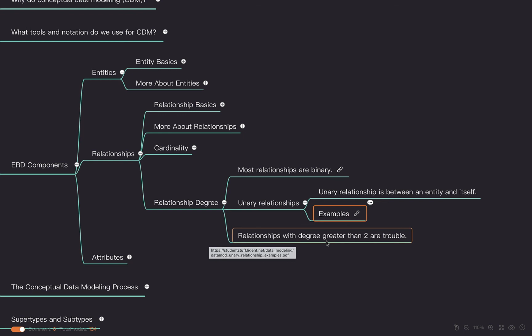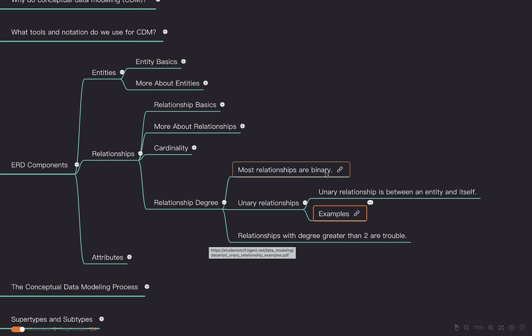Okay? So most practical data modelers, regardless of what kind of technology they expect to implement the data store in, even if it could represent ternary or higher relationships, they're such a pain in the butt that they don't.